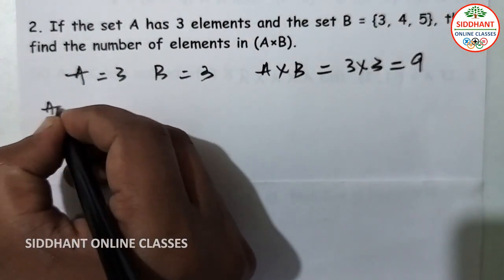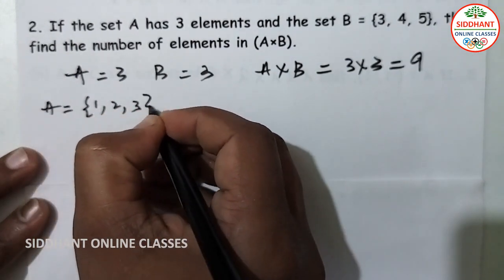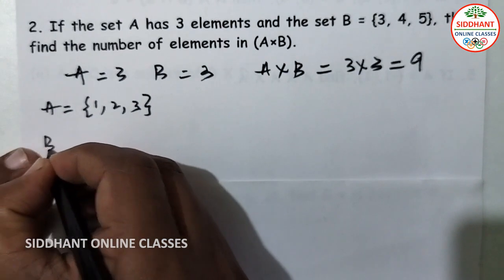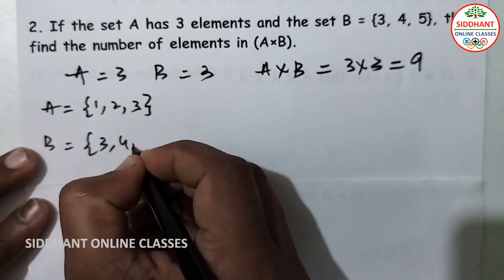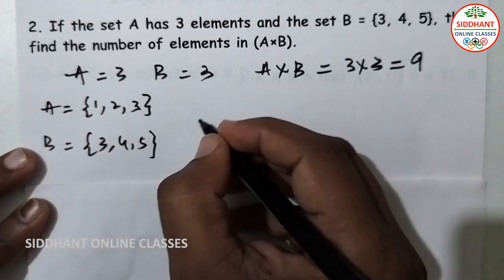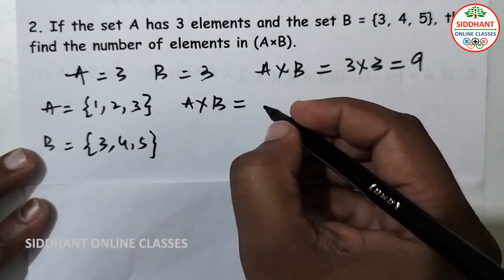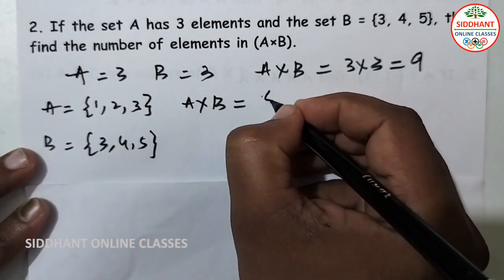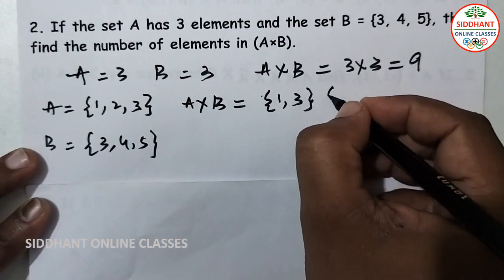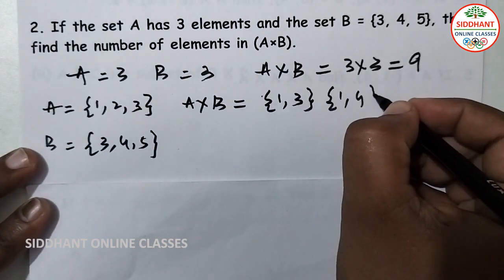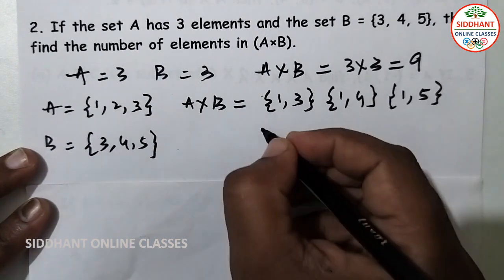Suppose A is having 3 elements 1, 2, 3. B is having 3 elements which is given, that is 3, 4, 5 here. Then A cross B when you are going to see, so that will be (1, 3), (1, 4), (1, 5).